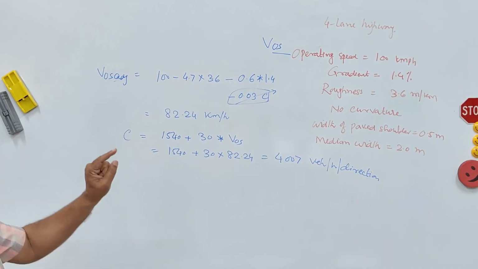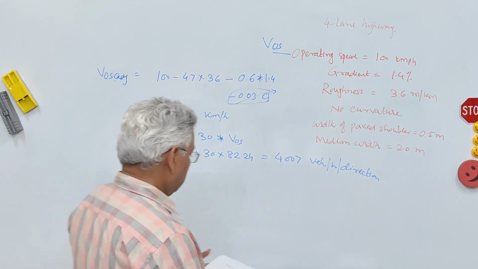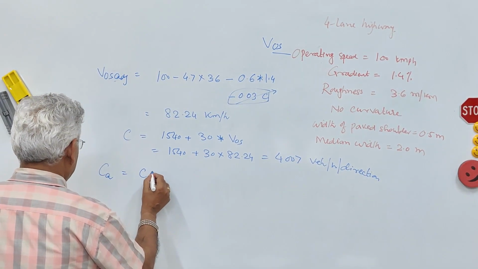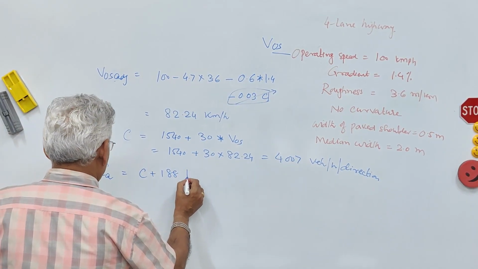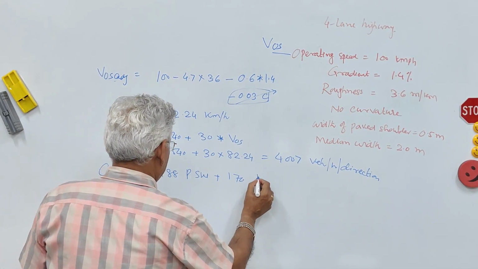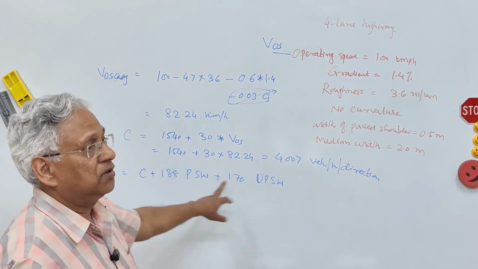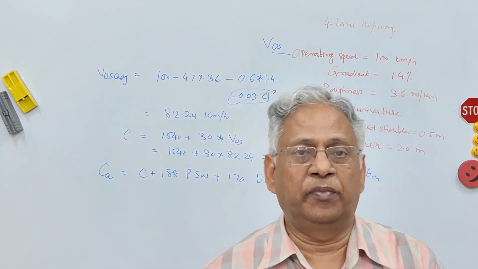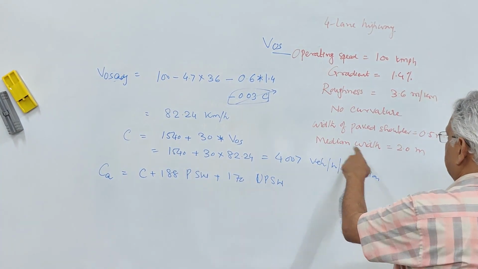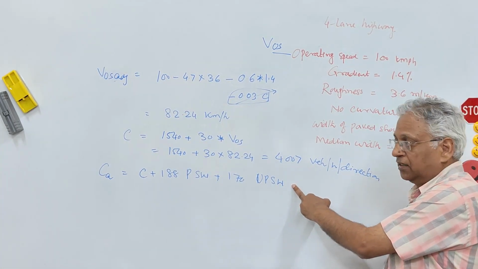Now this capacity should be adjusted for shoulder condition. So adjusted capacity is the capacity plus 188 paved shoulder plus 170 UPSW. Now this is the equation corresponding to median width less than 2.5, because in our case, width of median is 2 meter, and therefore we are not adding 74 here, right?